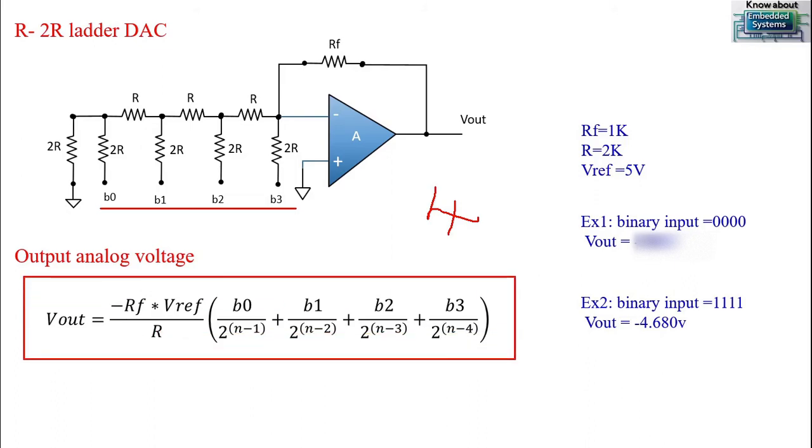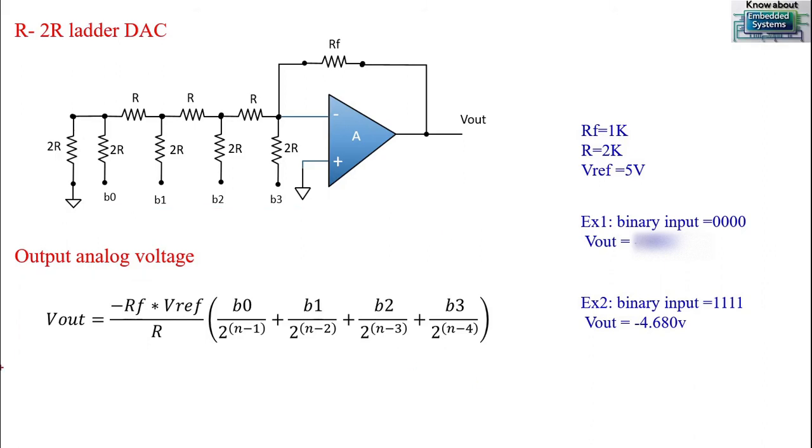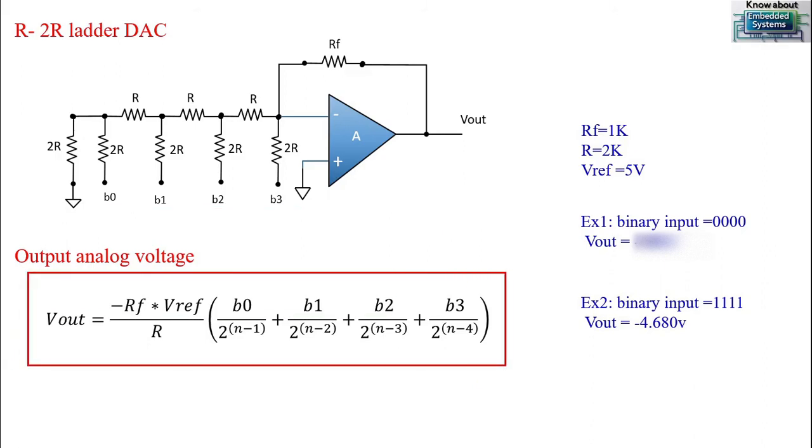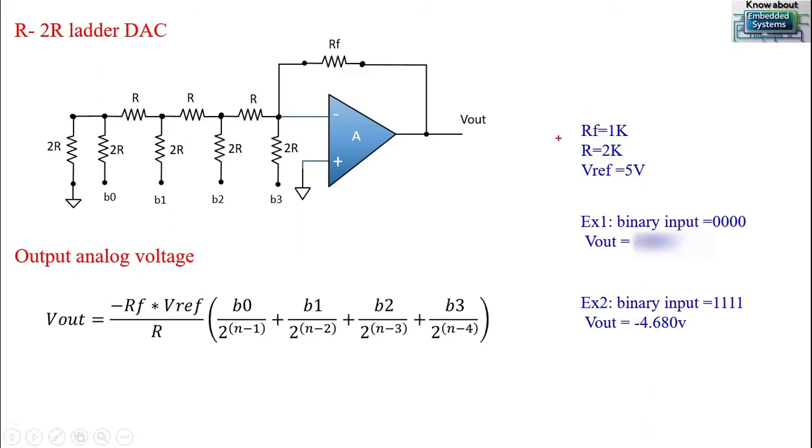This is the formula: Vout is equal to minus RF into Vreference divided by R, into the binary value over 2 power n minus 1. This is the equation to find the analog output voltage of the DAC. I have considered one use case here, so let us calculate with that use case.